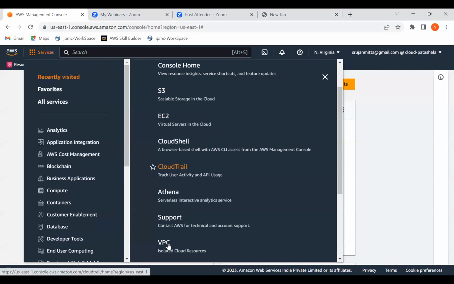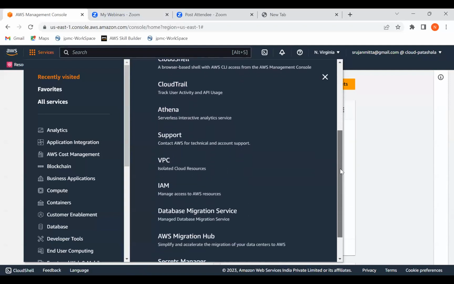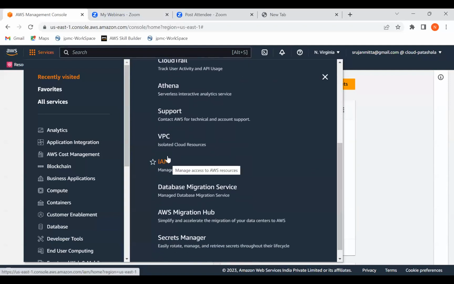We will discuss VPC, because these other services are managed by different people. Now we are totally focusing on roles like cloud engineer and solution architect. Those people will use these services, S3, EC2, compute-level services. We will also focus on IAM, and VPC also will be focused. So these are the main things we will follow.